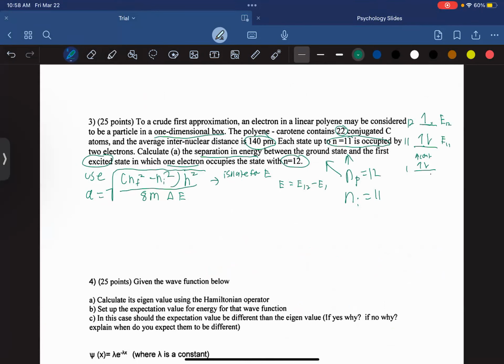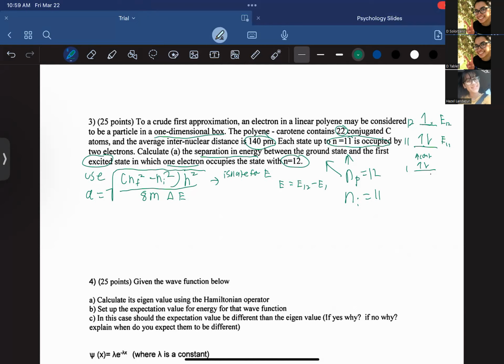Let's see, what in here could be A? It's either going to be this 22 or... I know A is going to be the length.